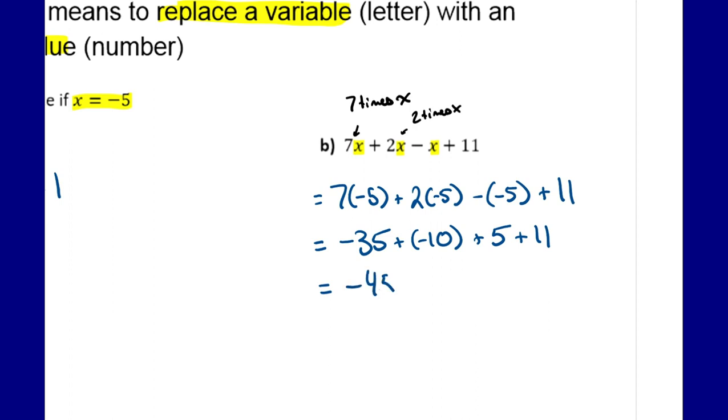So I get minus 45 plus 5 plus 11. Negative 45 plus 5 is negative 40. I'm getting more positive, and the plus 11 remains. So negative 40 plus 11 is negative 29. So that would be my final answer.